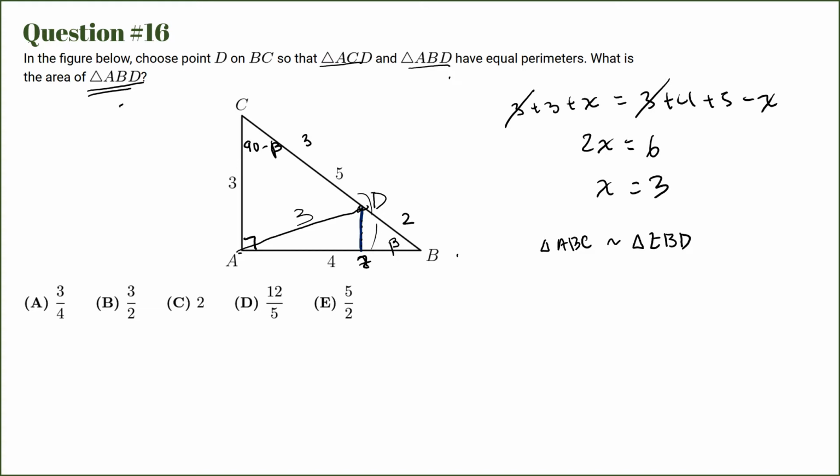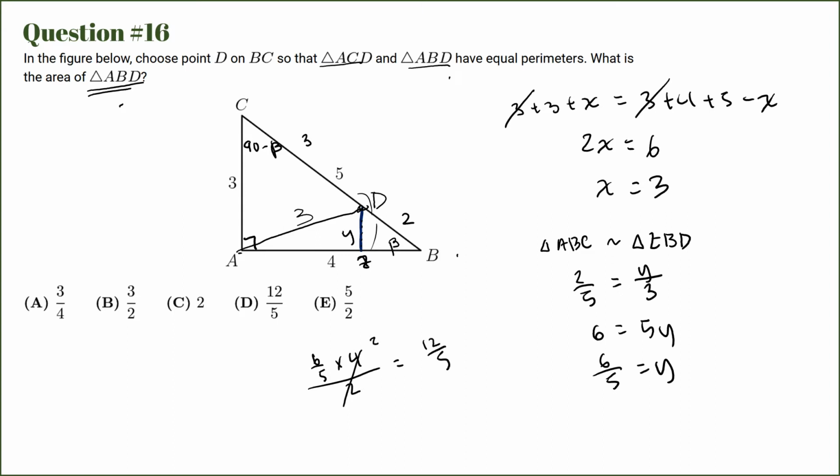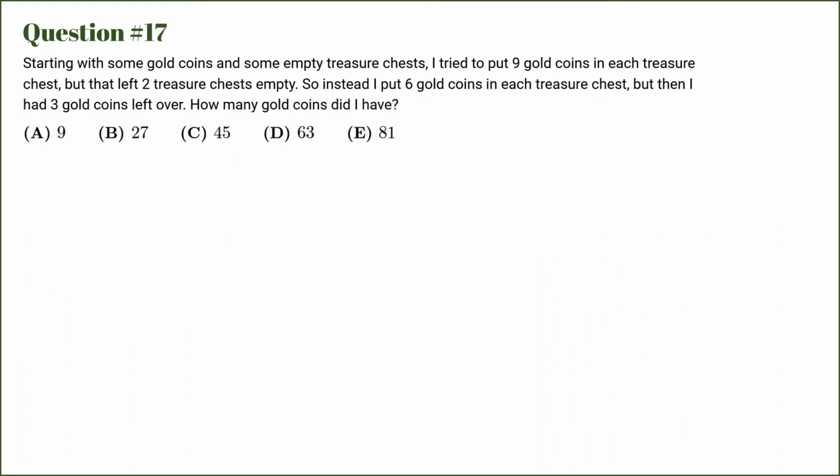So 2 over 5 equals, let's label this y, over 3. So that's 6 equals 5y, or 6 over 5 equals y. And the area of triangle ABD is 6 over 5 times 4 over 2, and that equals 12 over 5. So the area is D, 12 over 5.